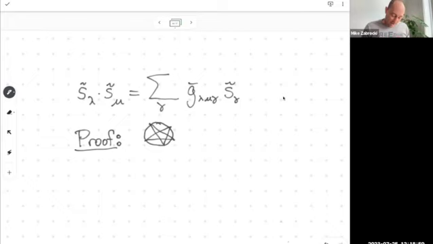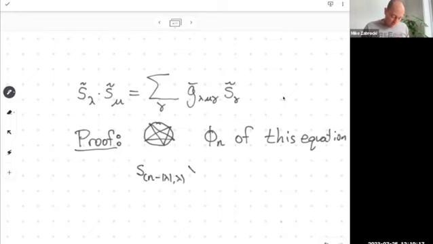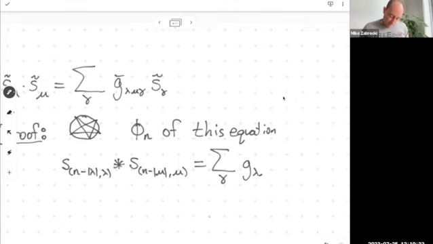We say that phi n of this equation is S n minus size of lambda comma lambda, Kronecker product S n minus size of mu comma mu, and that's equal to the sum over gamma of the Kronecker coefficient g lambda mu gamma bar, S n minus size of gamma comma gamma.